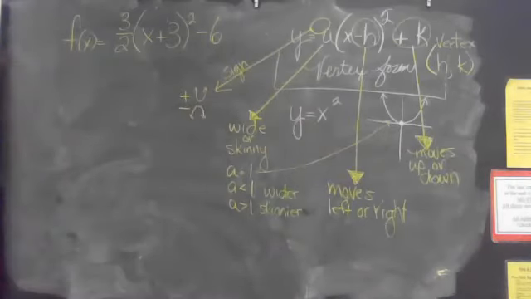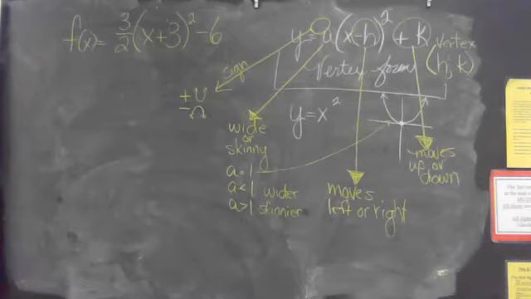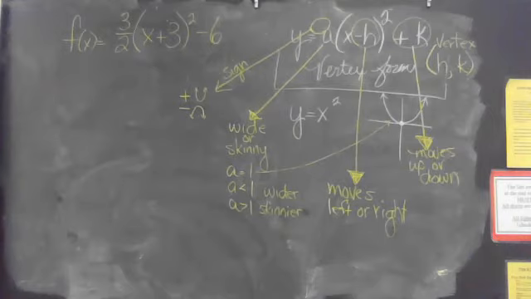Okay, that's what all this stuff means. Let's get that down because you'll want to refer to it or take a picture of it, whatever you want, but this is the key to reading the vertex form of a parabola.